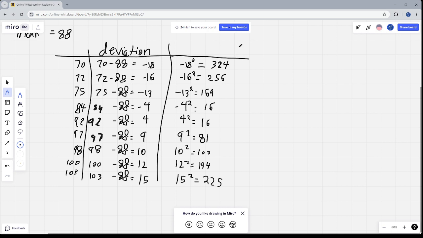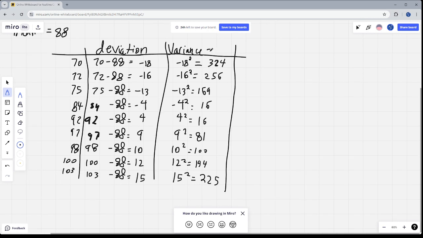Good. So after we square our deviation, we get what's called our variance. It's just like d squared. So now what we need to do is calculate the average variance, or mean variance.